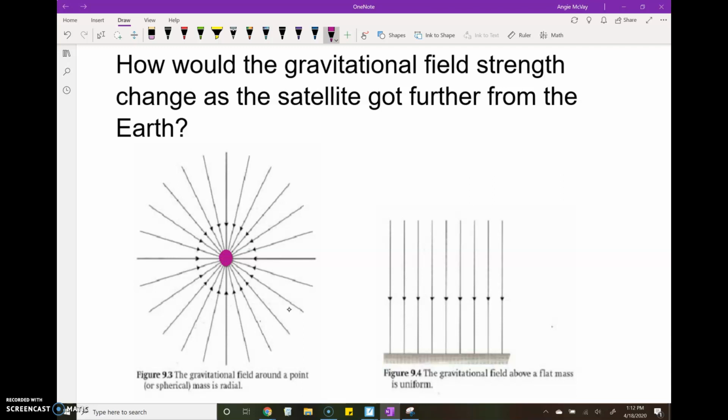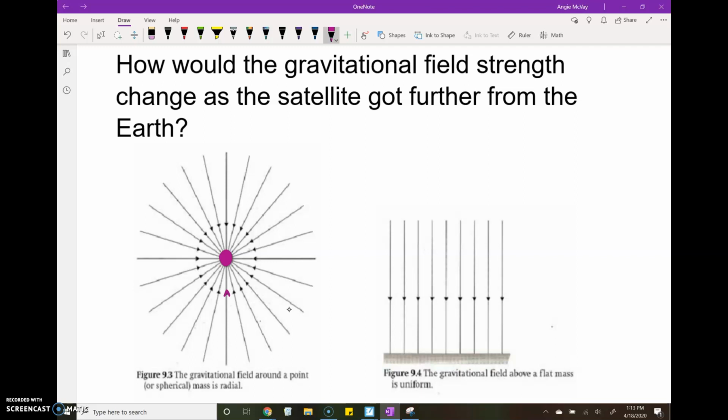The gravitational field lines are drawn radially and equally spaced towards the Earth, and the arrows are pointing towards the Earth because that is the direction that an object anywhere around the Earth would be pulled. It indicates the direction of the force. So if you've got a circular object like the Earth, the gravitational field lines will be spaced evenly pointing towards the Earth because any mass near the Earth would be pulled in.